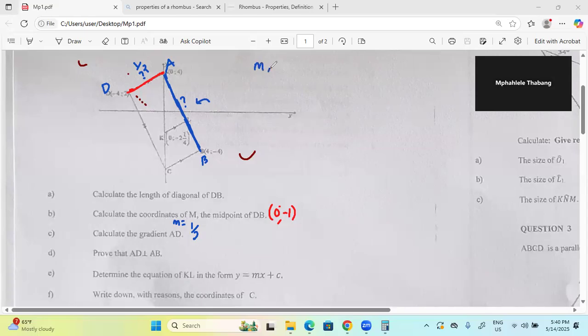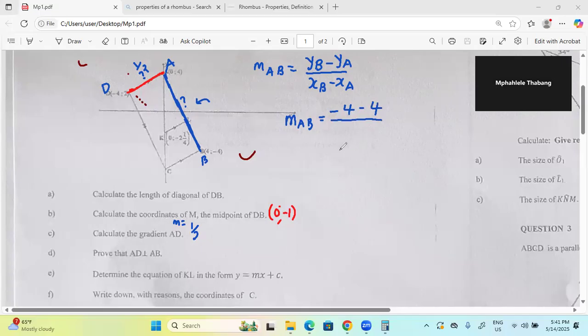M of AB is equal to y at B minus y at A over x at B minus x at A. So M of AB equals, what is y at B? Minus 4. What is y at A? 4.